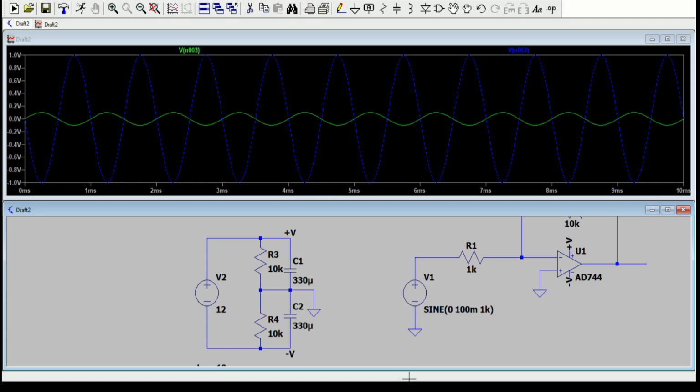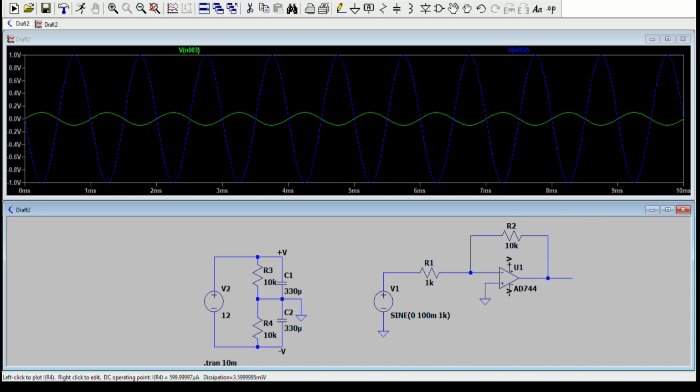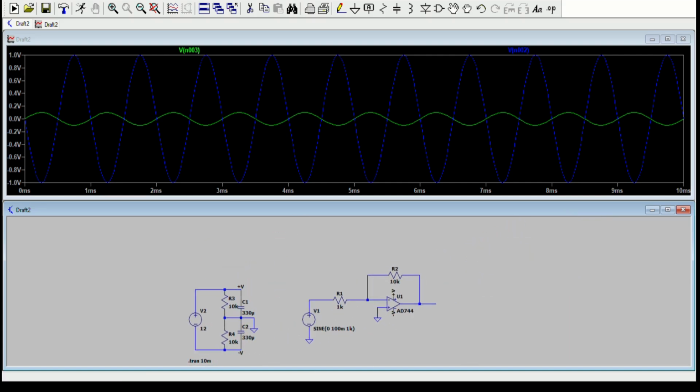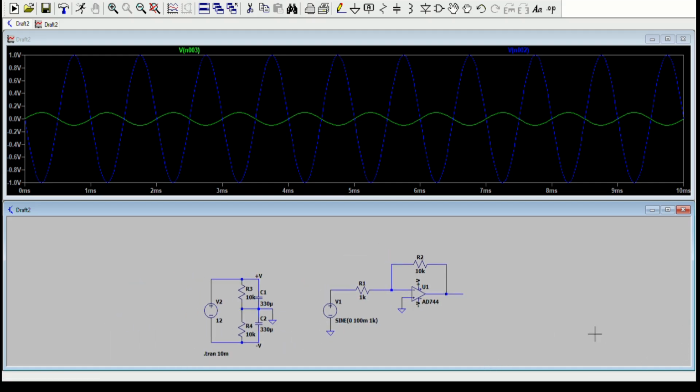If this was a ground, it would be different, but just because it's a common, it's a reference point, it's completely arbitrary where we put it, right? So we're just putting it here in this circuit just to make our lives a little easier, and that's pretty much it for this part of the video. So let's get to the lab.